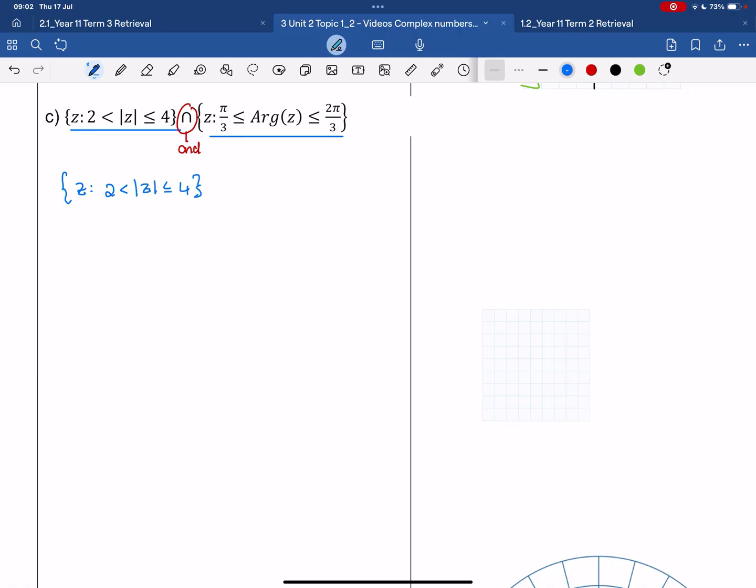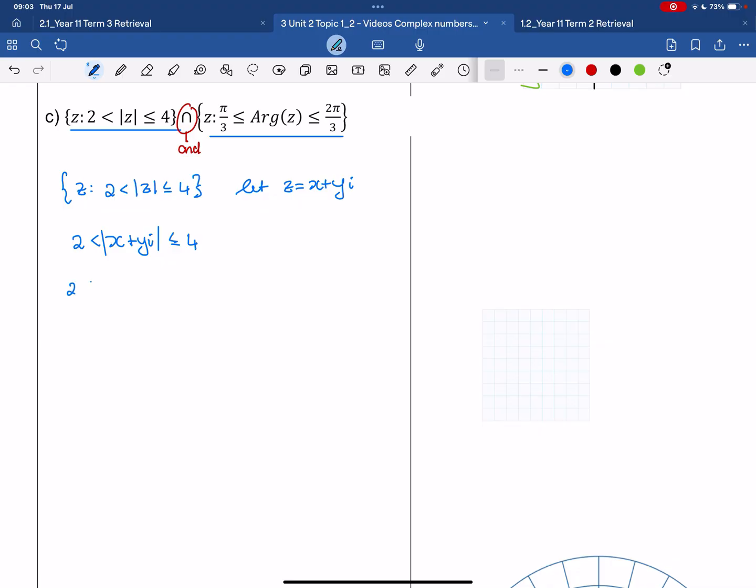And I'm going to follow my process that lets z equal x plus yi. All right, so I've got that 2 less than the modulus of x plus yi, less than or equal to 4. Now, we know that the modulus of x plus yi is actually the square root of x squared plus y squared.